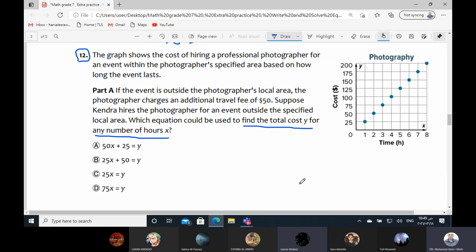Mister, I don't really have an answer, but I think the most almost answer is A. Why A? I think it's C. No, not C. B. B. Why?